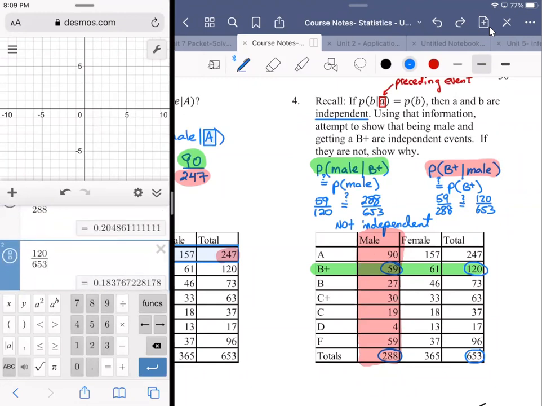Hey, see, they're in the same neighborhood. In fact, this is closer than the other set of fractions. So, 0.2 versus 0.184. That's not too far off. So it tells me that, yeah, they're not independent, but maybe they will be with more data.